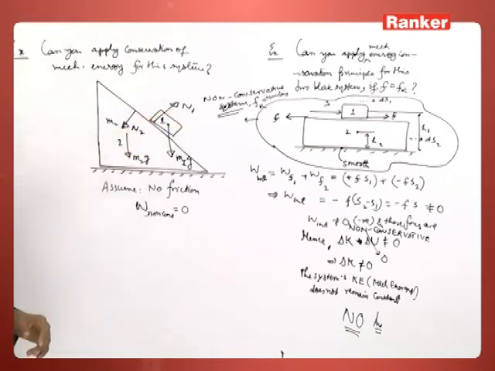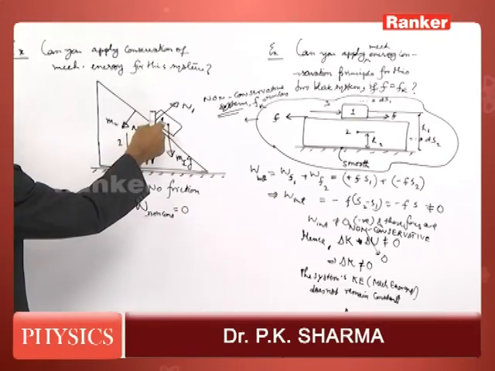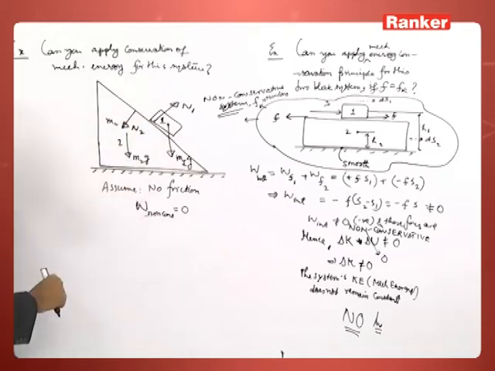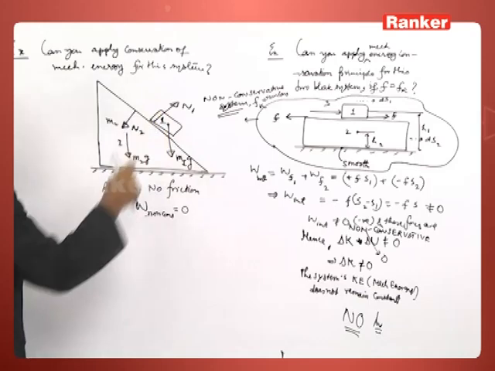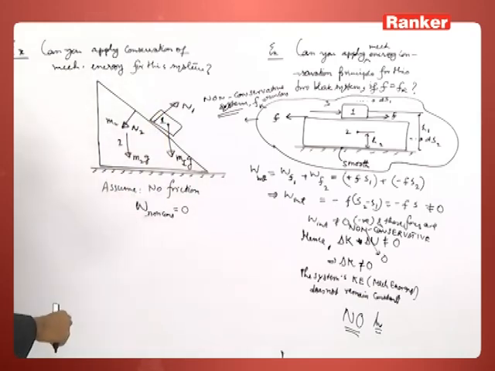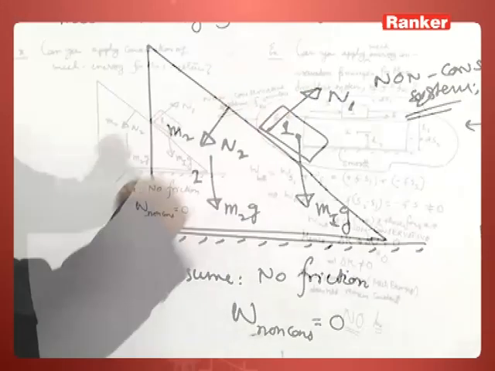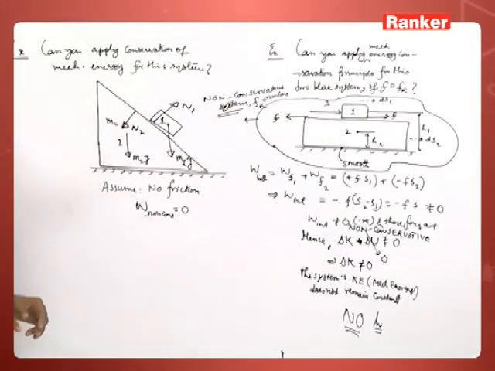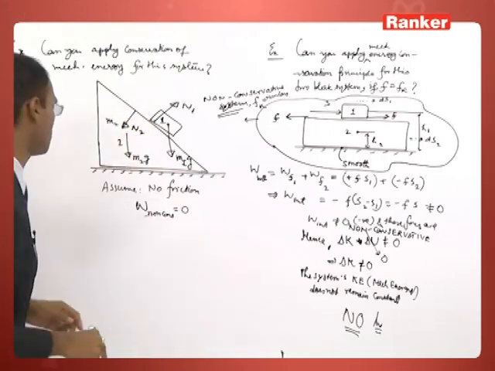These two forces are called constraint forces, because they arise due to the contact of these two bodies, and there is no relative motion along the line of application of these two forces.